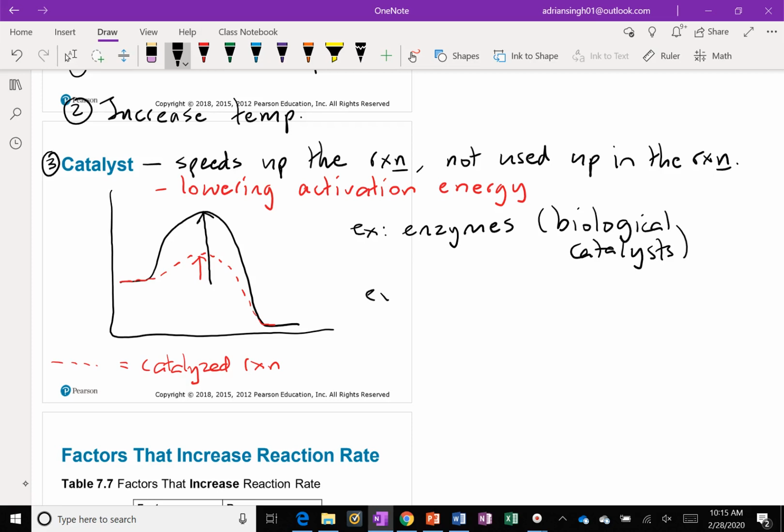You can also have things like the catalytic converter in your car. That is able to catalyze the conversion of the gases produced from your engine into less poisonous gases like nitrogen and carbon dioxide.